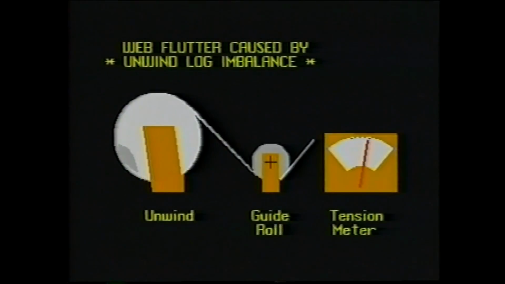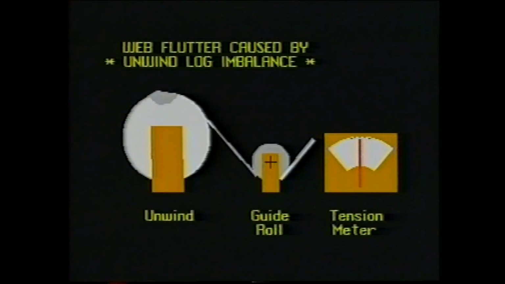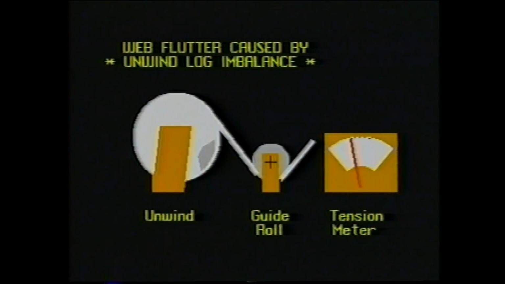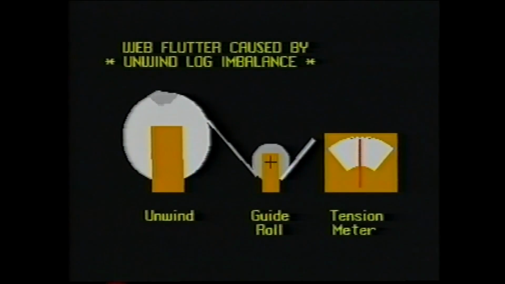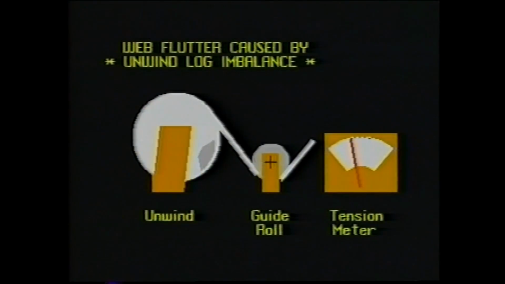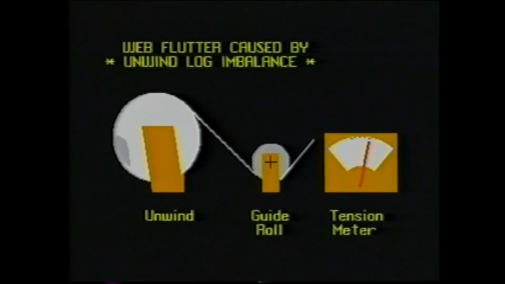These web instabilities can be caused by unwind roll imbalance, as seen in this animated model. Rolls of paper have imbalances which are orders of magnitude worse than steel rolls. These imbalances drive the unwind stand to vibrate, which is then transmitted into the sheet run as tension fluctuations.